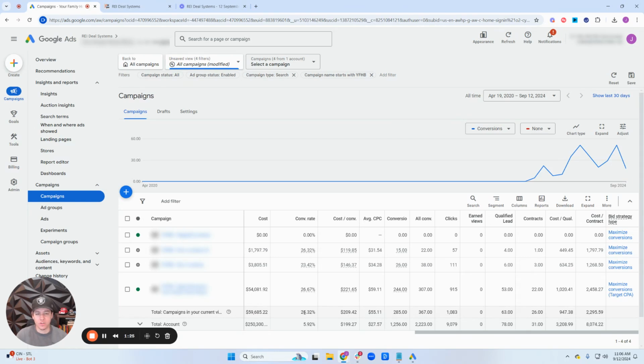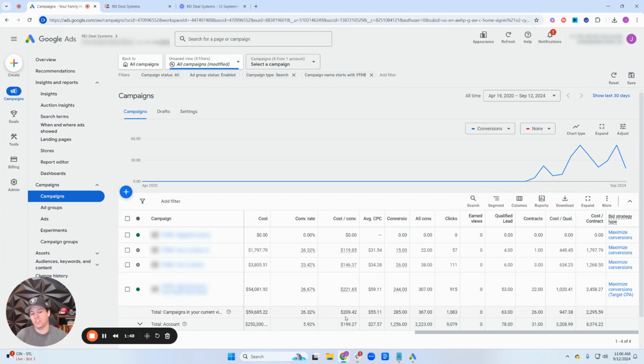We do this because we want to only push the appropriate data back into Google. We want to make sure that the avatar Google's learning off of is an off-market homeowner who's actually looking to sell their house, not somebody who already has a listed property or a wholesaler reaching out to you. So $209 a lead, blended between pretty much everything that we've tracked.